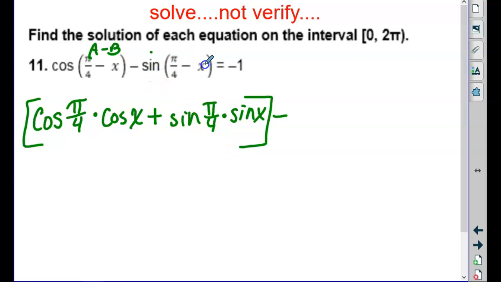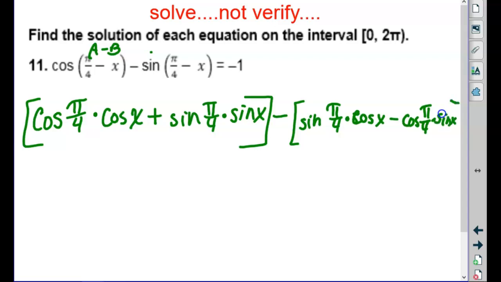what does sine of A minus B say? Sine A, which is pi over 4, times cosine B, which is x, minus cosine of pi over 4 times sine of x.